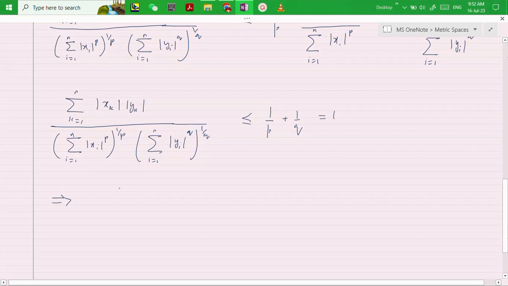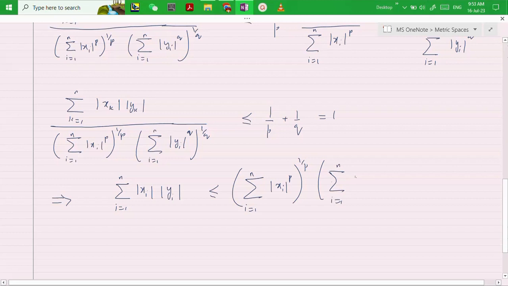We replace k by i. i from 1 to n, less than or equal to sum of mod yi power q where i starts from 1 to n whole power 1 by q.